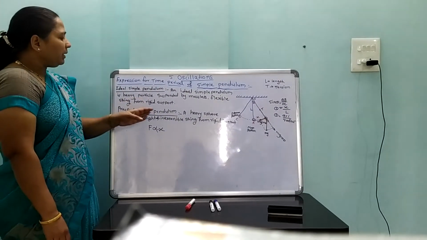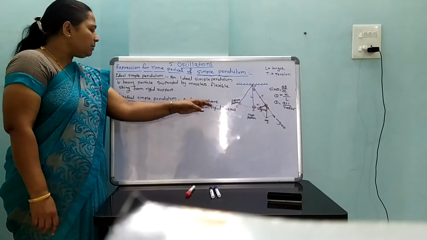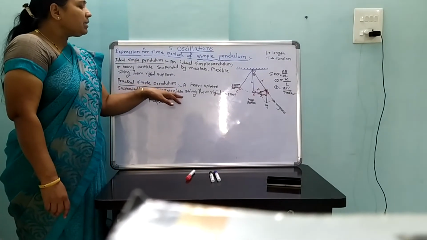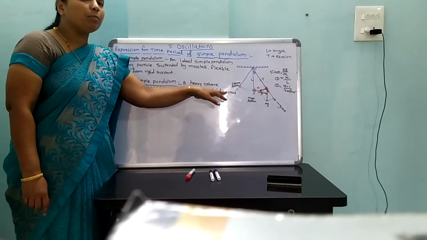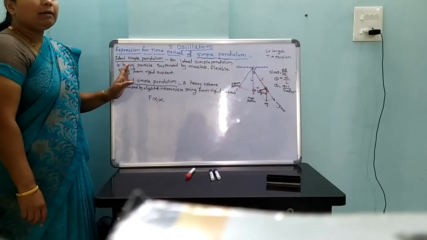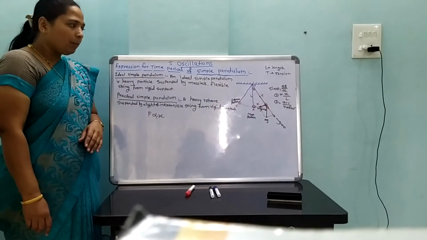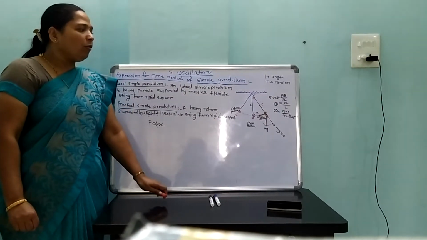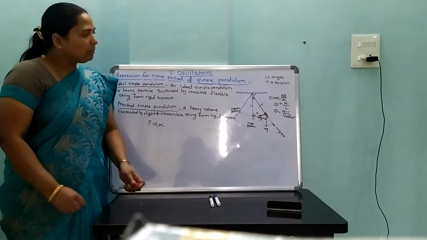Therefore, a practical simple pendulum is a heavy sphere suspended by a light and inextensible string from a rigid support.